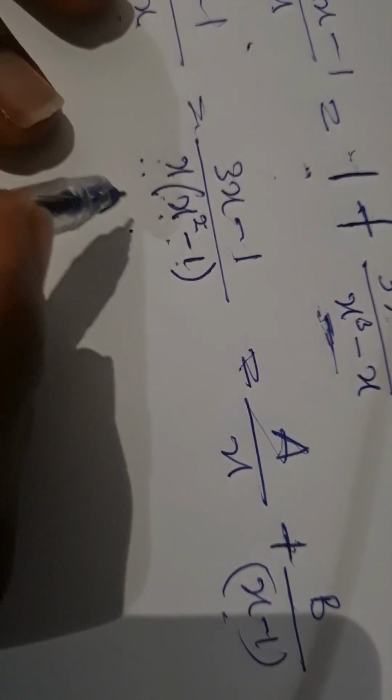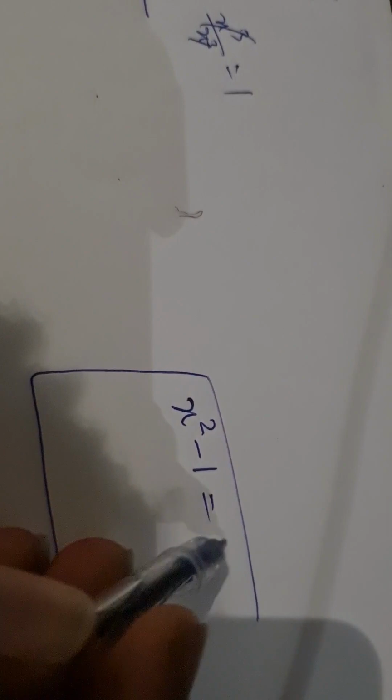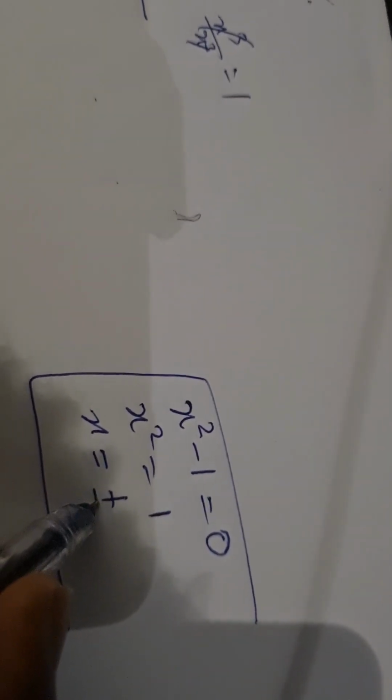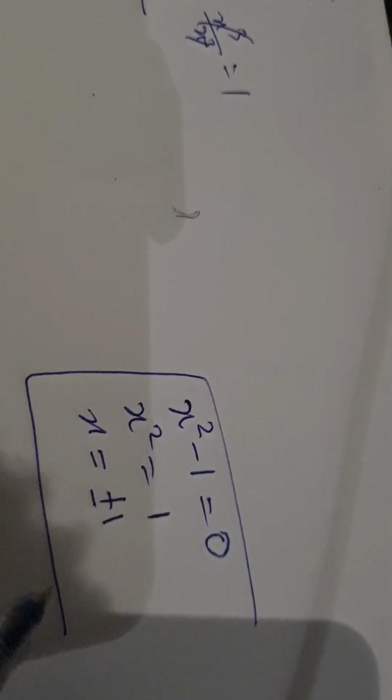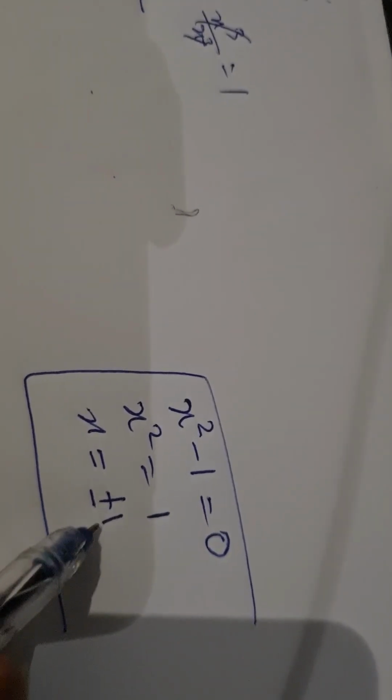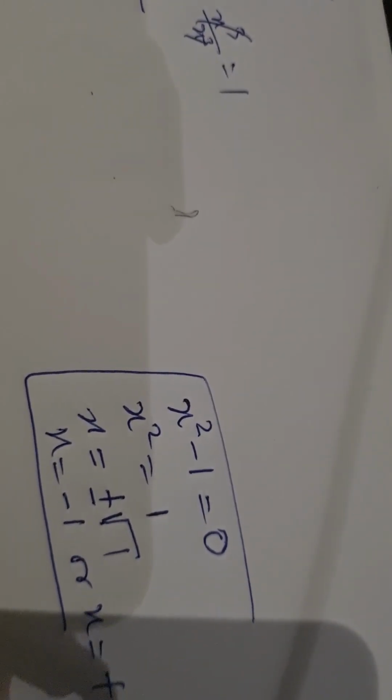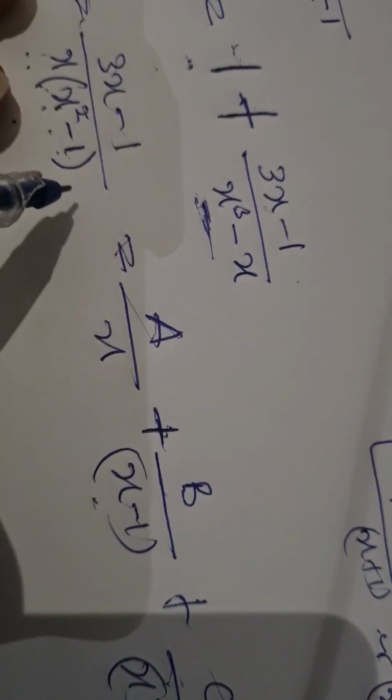Remember that x squared minus 1 is equal to 0, x squared is equal to 1, x is equal to plus or minus the square root of 1. So x is equal to minus 1 or x is equal to plus 1. So the factors are x plus 1 and x minus 1. So I factorized this to get this.